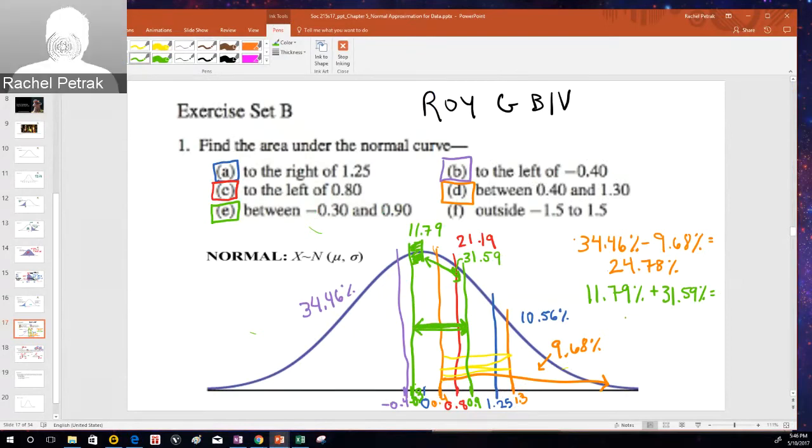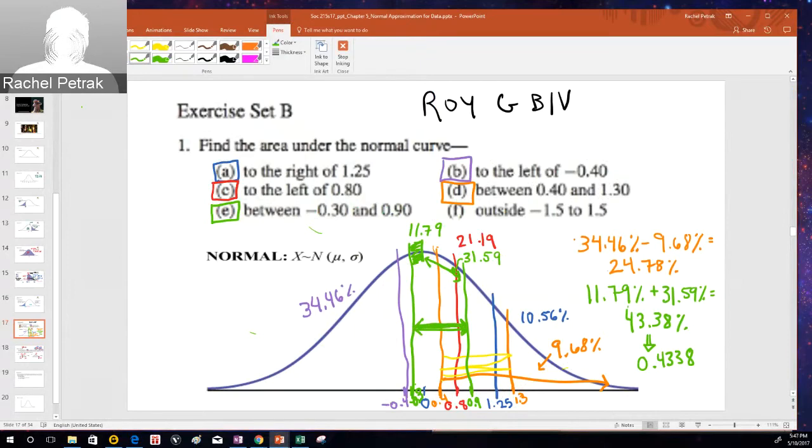And we know this percentage is 43.38. And just to circle back on our proportions, we also know the proportion of the distribution that lies between those scores. The proportion between a score of negative 0.3 and 0.9 would be equal to this percentage divided by 100, or 0.4338, right?